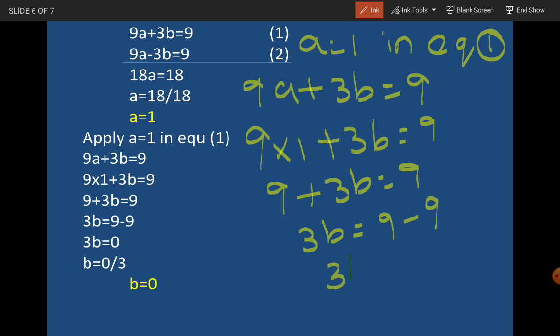So 3b equal to 0. So b is equal to 0 by 3. So we get the answer b is equal to 0.